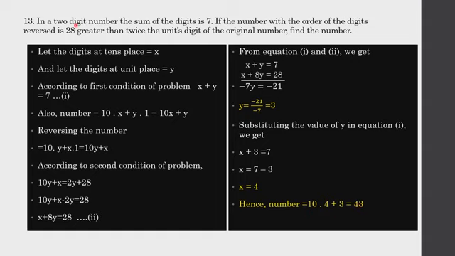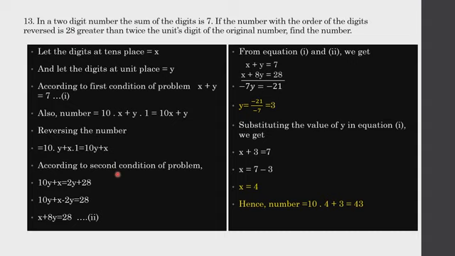Now in a two-digit number, you must not get confused when you are framing the number. When I say 28, it is 2 tens plus 8 ones, so we are multiplying 2 into 10 plus 8 into 1. When you reverse it, it becomes 82, which is 8 tens plus 2 ones.